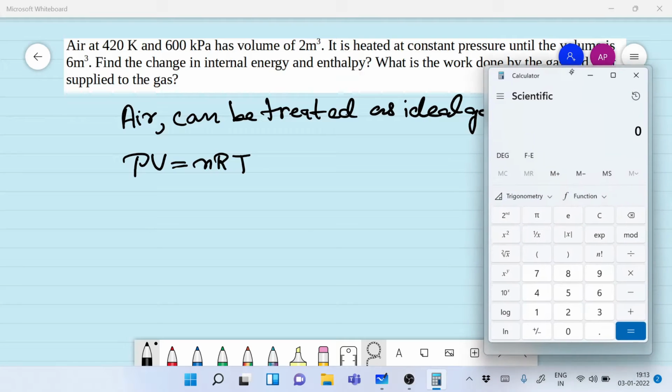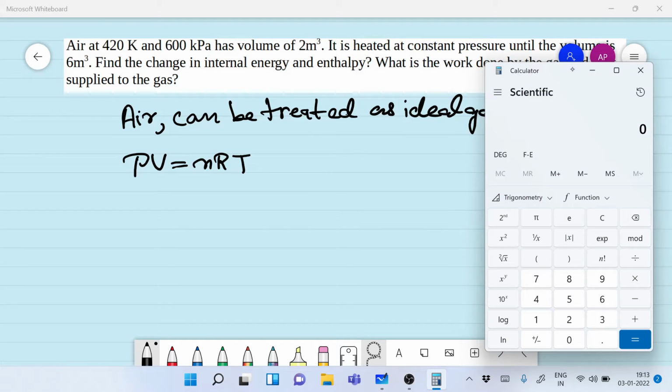We do not need to calculate n, but nevertheless, let's do it. In that case we can calculate the total energy instead of the energy per unit mole. So n is equal to PV upon RT.